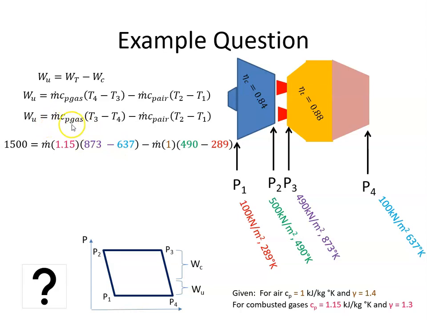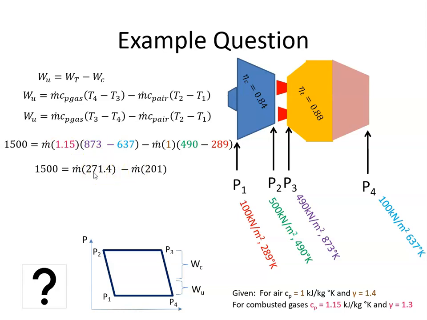Okay, so the mass times CP gas, when CP gas is 1.15 kilojoules per kilogram, T3 was 873, T4 637, which we calculated. CP air was 1, we were given that. T2 is 490, which we calculated, and T1 is 289, which we were given. So when I multiply them out, I get that.